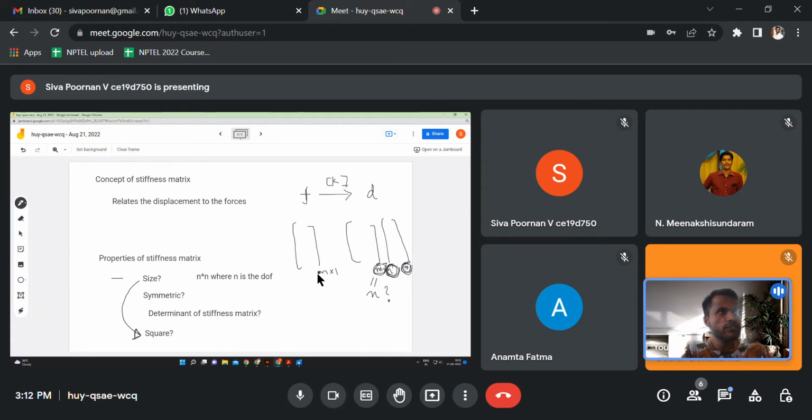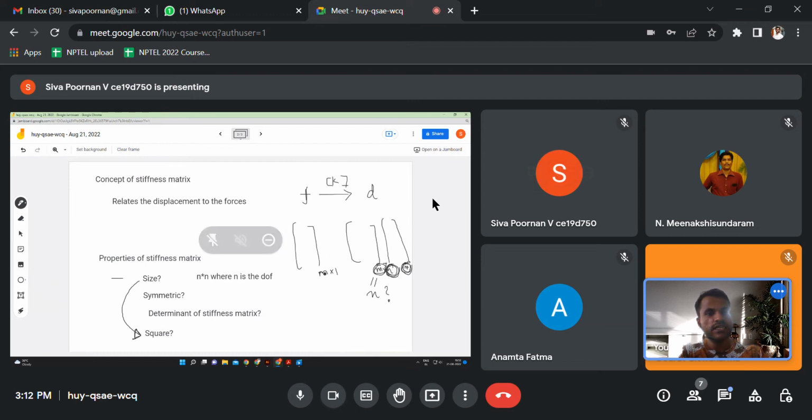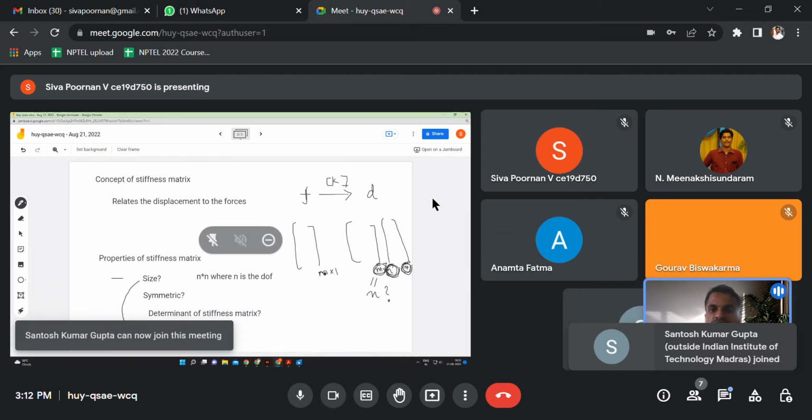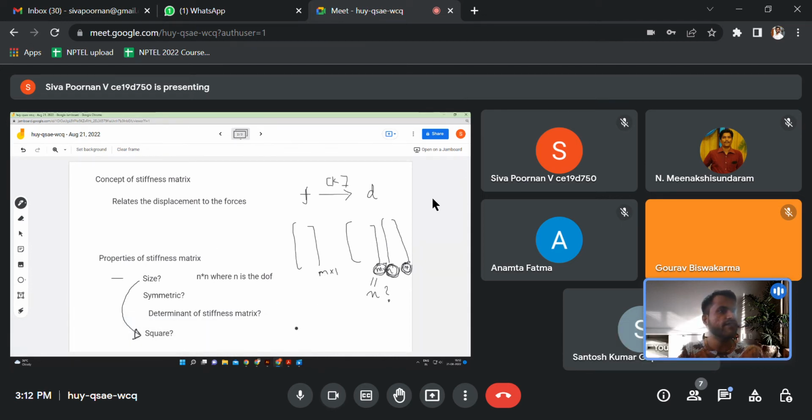Because we also need to have the forces. We also have the forces at every degree of freedom. It is possible to have a force application at that point, right? So for example, if you have a truss system, at every node it is possible to have two displacements, u1 and u2, and you can also have f1 and f2, right?